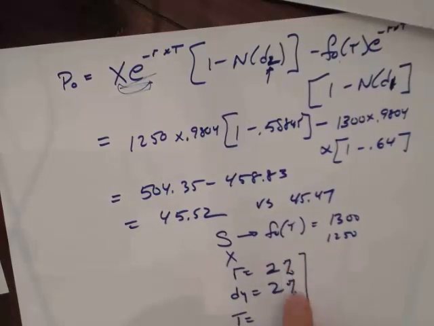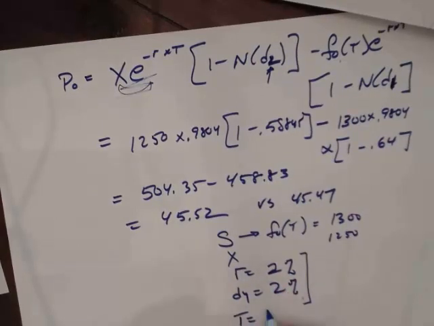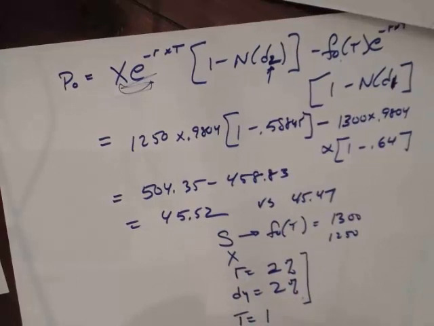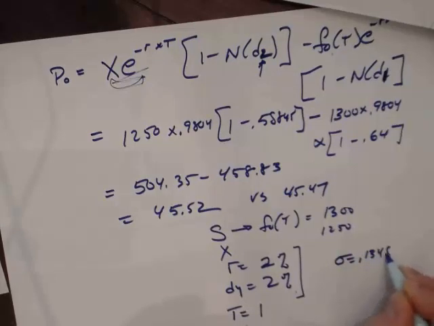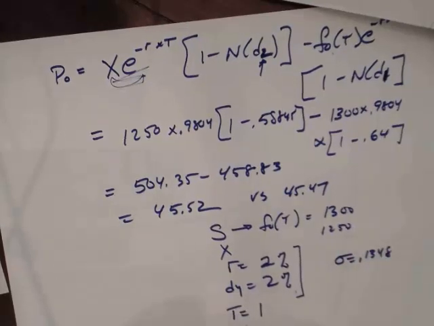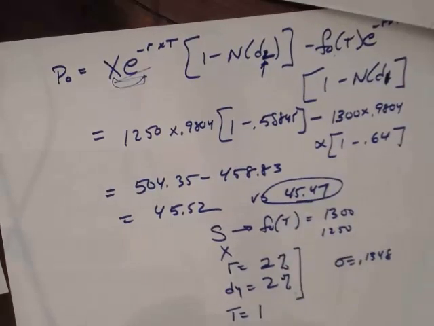You won't get the right price because it's picking up R and the dividend yield in different places. So you need to put both in. Then we have T of 1 year, and sigma of 0.1348, and then you have all your inputs, and out will pop, for example, the put at 45.47.